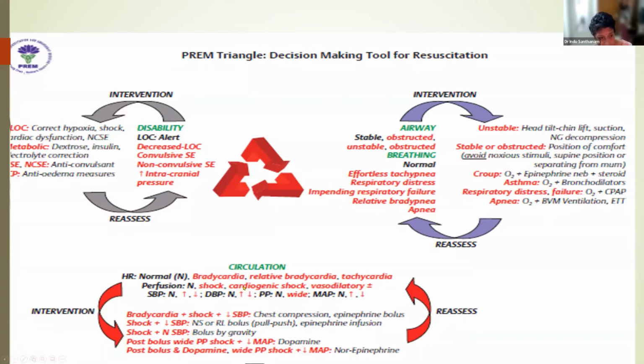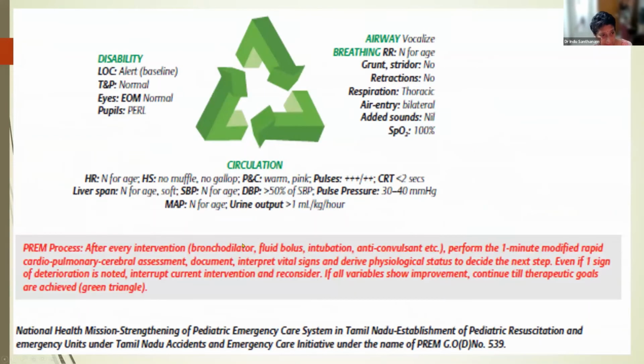Let's say the child is not having an effective heart rate, he may be given chest compression and drugs to activate the heart. And if he's having convulsion, he's given anticonvulsant drugs. And then you reassess the impact of your resuscitation within the next minute. So this happens until the child goes into the green triangle where all parameters become normal. And this is the PRAME process.